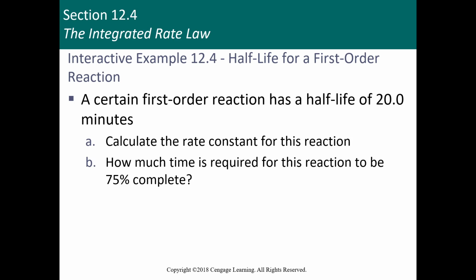Okay, so if it's 75% complete, what does 75% gone mean? Well, 75% gone means you're left with 25%, doesn't it? Okay, so 25% is half of a half, isn't it? And so you would expect the amount of time required for this reaction to be 75% complete would be for you to go through 2 half-lives.